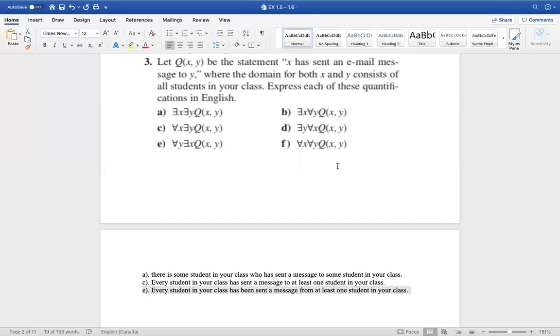Any questions? I didn't quite understand the difference between the last two sentences. Okay, here, the statement Q(X,Y) means X sent an email message to Y, right? The domain for both X and Y consists of all students in your class.